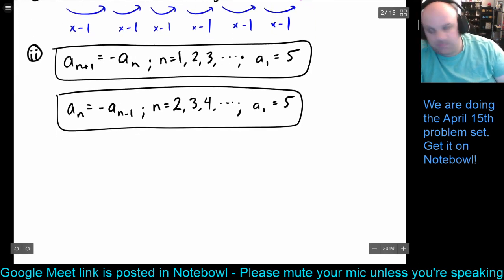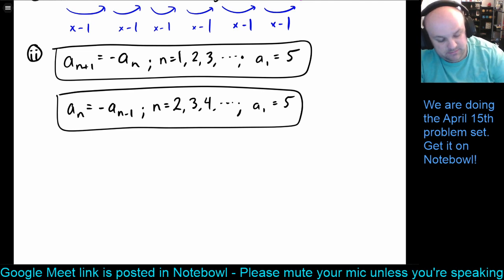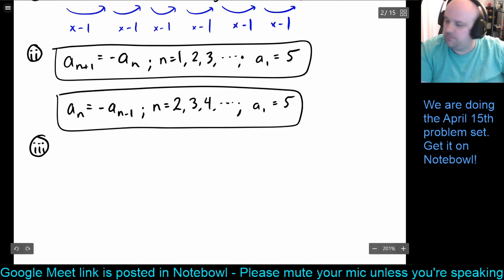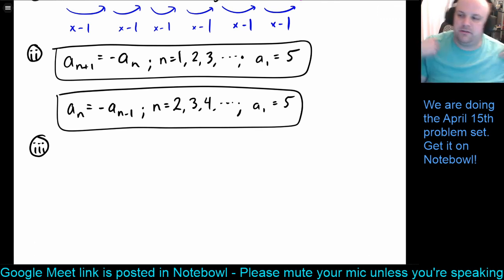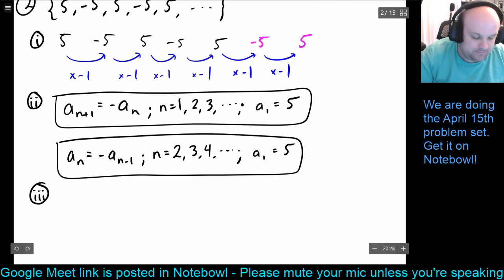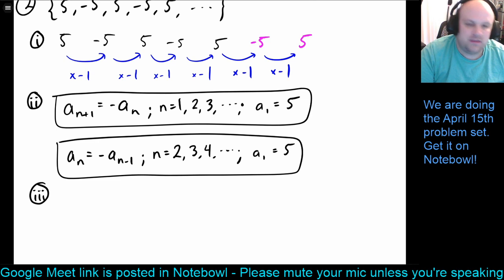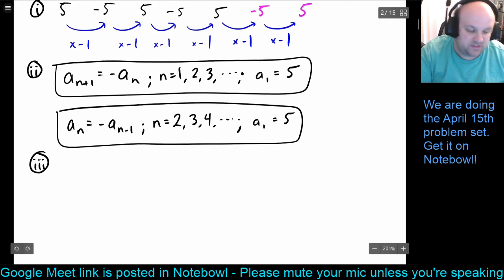Great. So let's look at the third part, the explicit formula for this. This one probably doesn't require the whole chart to work out, because here we can see that we're just going to keep multiplying by negative 1 and flopping back and forth.